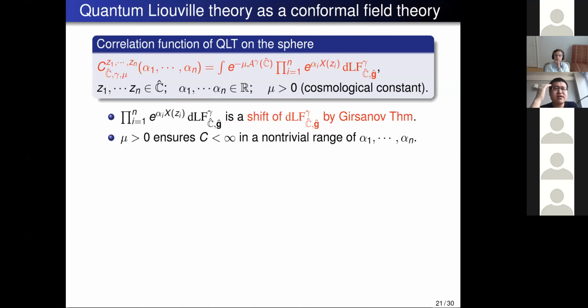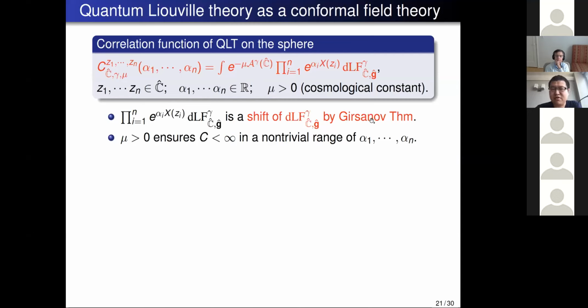In this perspective, the most important quantity we want to consider is the so-called correlation function of the quantum Liouville theory. And on the sphere, it is defined as follows. Although this X, as a perturbation of the Gaussian free field, is not defined pointwise, this total measure can be thought of as a shift of this Liouville measure by this Gaussian term.